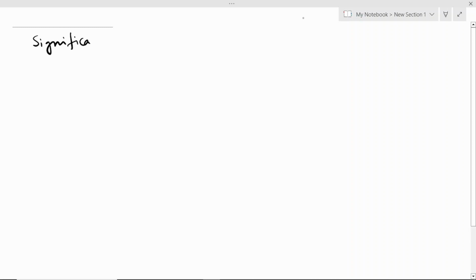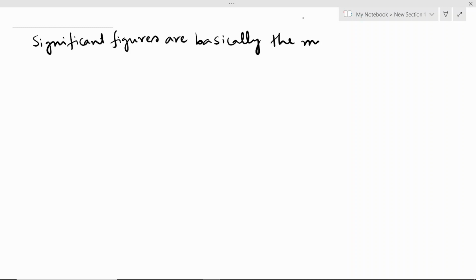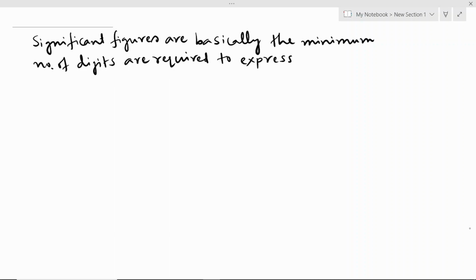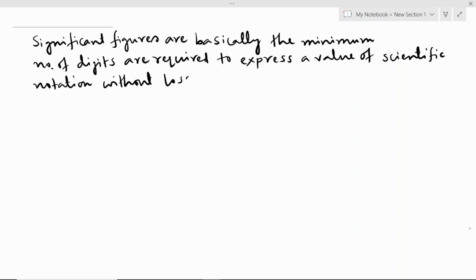Significant figures are basically the minimum number of digits required to express a value in scientific notation without loss of accuracy.